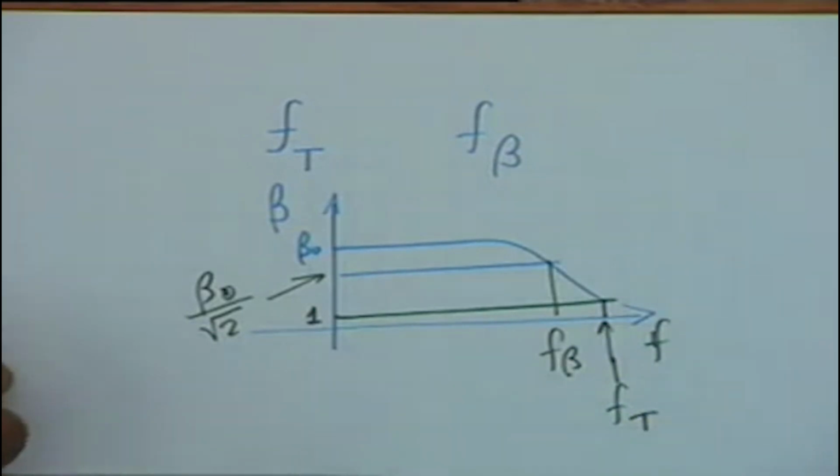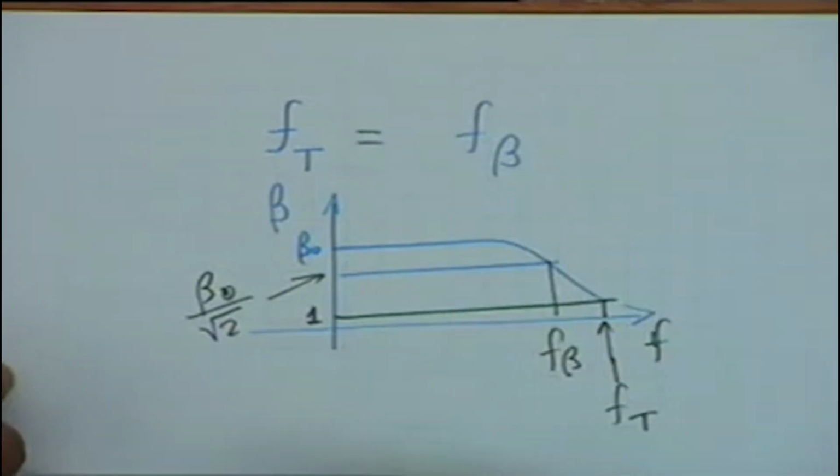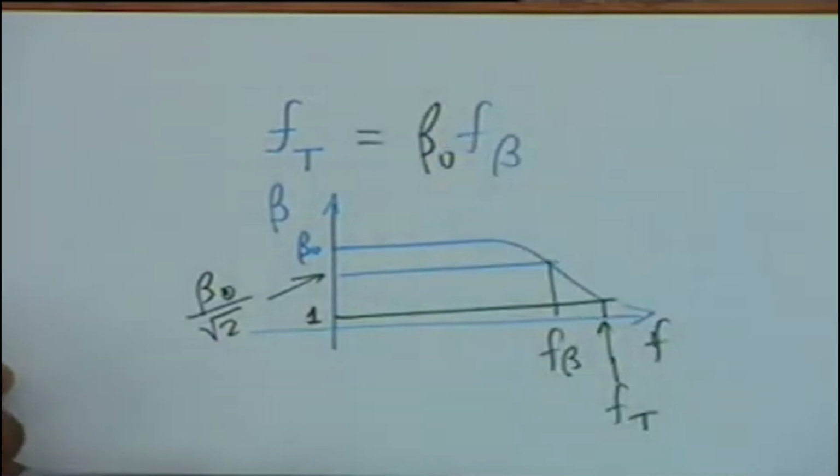The variation of beta determines f_beta and f_t, and the relationship between f_t and f_beta is that f_t is equal to beta 0 times f_beta, and that is why f_t is also sometimes called the gain bandwidth product.